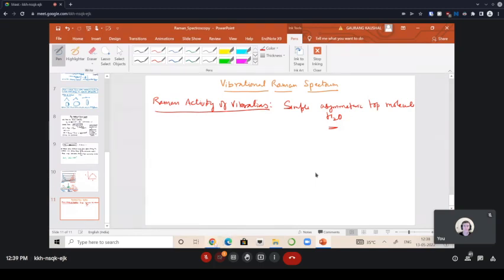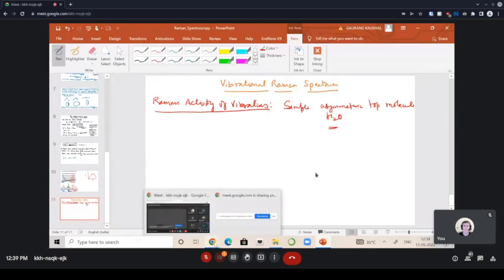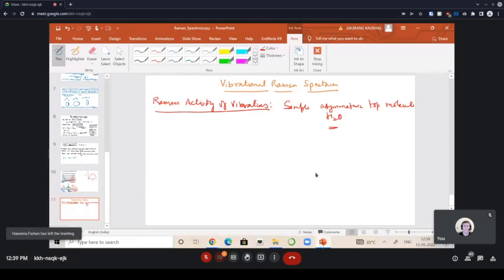So there are three different modes there. Let me draw these three different modes. The first one is the symmetric stretching mode.